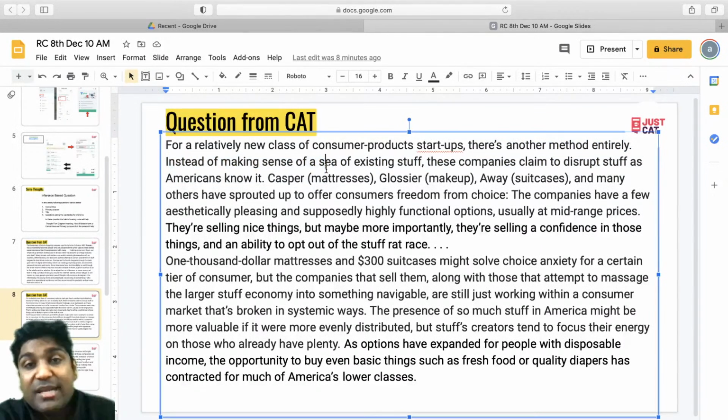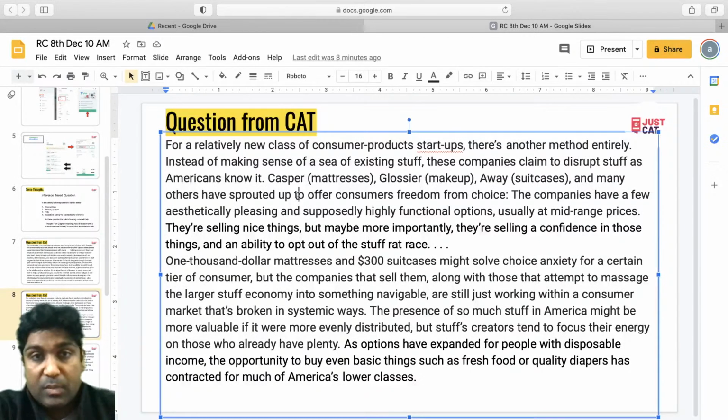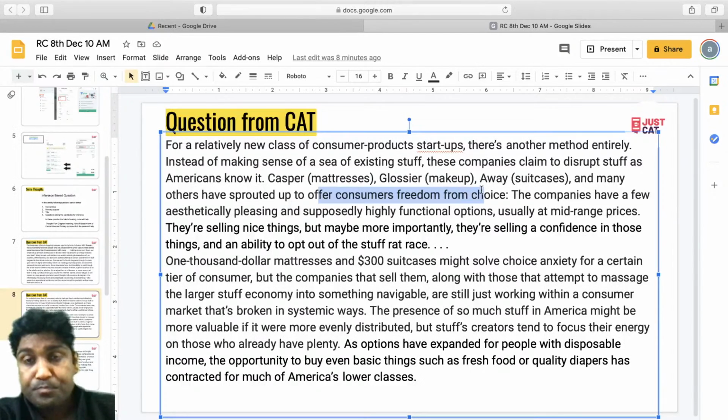Instead of making sense of a sea of existing stuff, these companies claim to disrupt stuff. They're saying that there is another class of consumers which is using another technique. Casper mattresses, Glossier makeup, and Away suitcases, and many others have sprouted up to offer consumers freedom of choice.